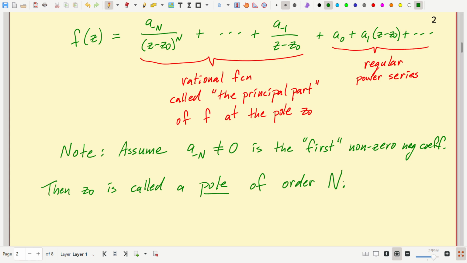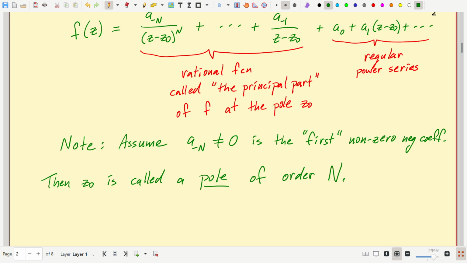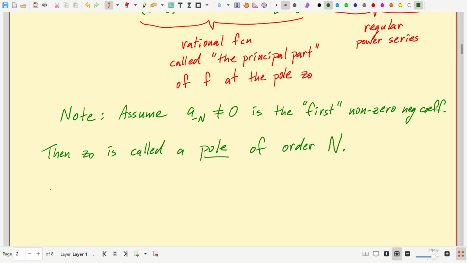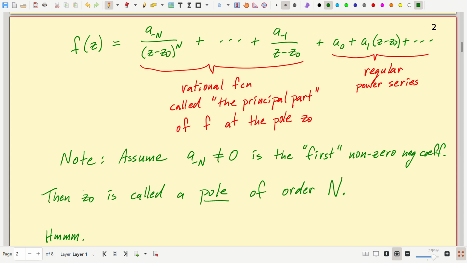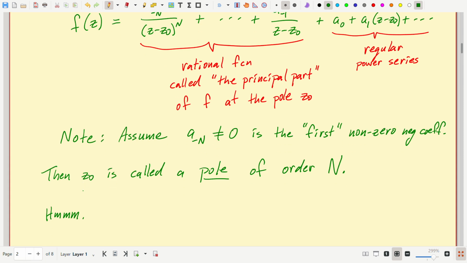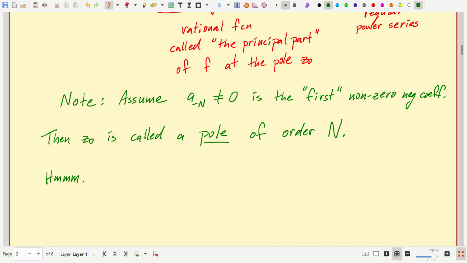And if you think about what that's going to mean, let's think about it for a second. If I multiply that Laurent expansion by z minus z naught to the n, I clear all those fractions. So if I multiply z minus z naught to the n times f of z and multiply through that Laurent expansion, I'd start out with a minus n term. That would be a constant term.